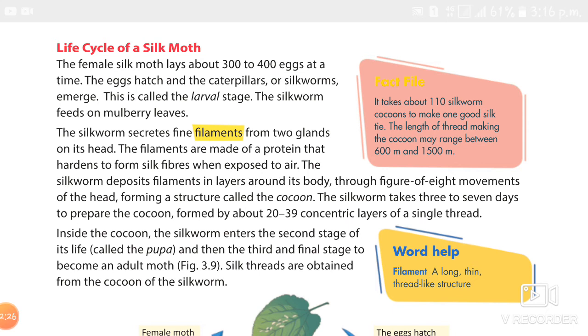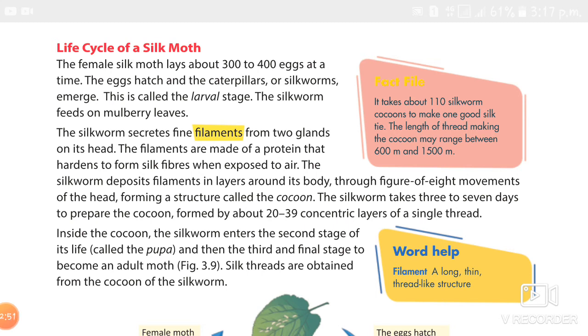It needs to be dry cleaned or washed with care. And silk is primarily produced in China, India, Southeast Asia and Japan.